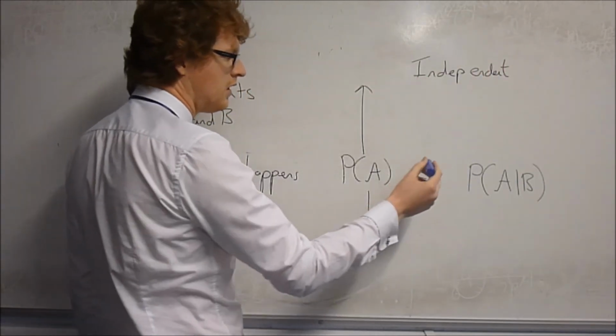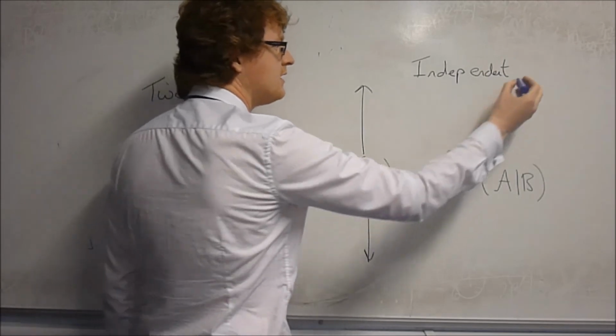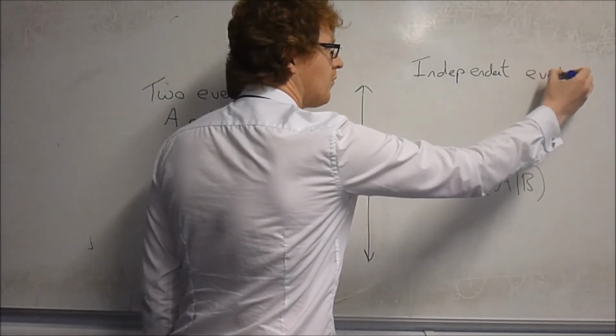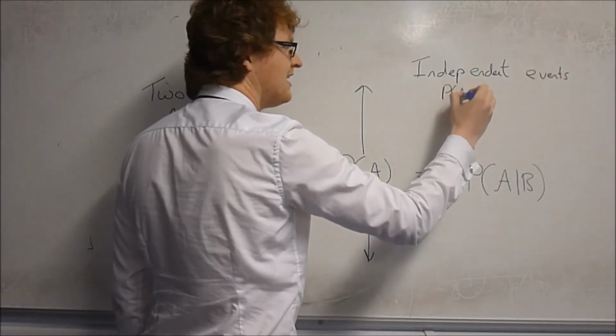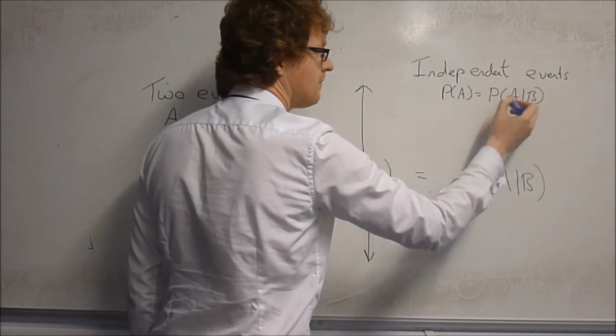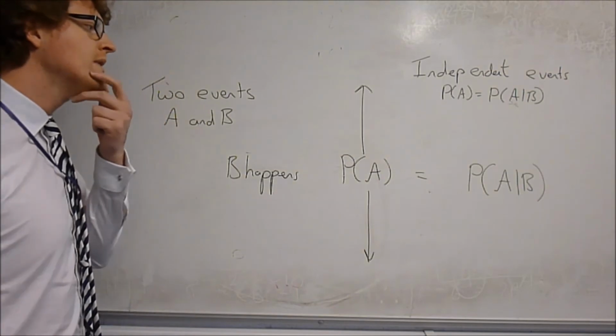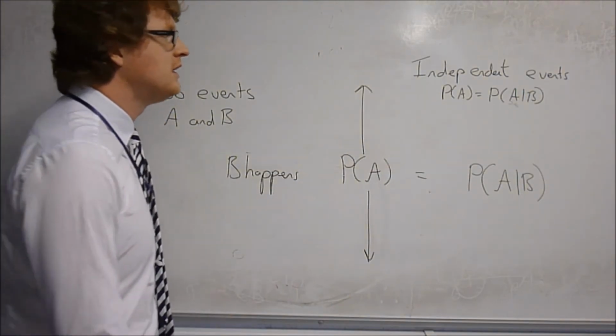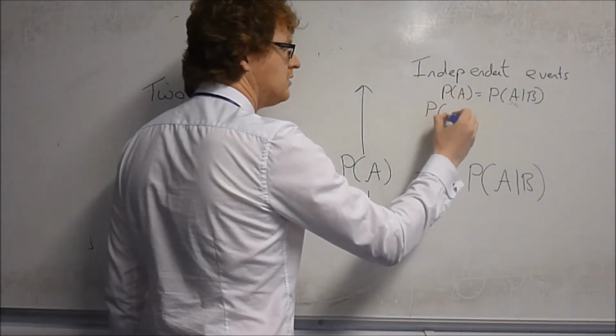So we've got independent events. The probability of A is equal to the probability of A given B. Well, this has a few ramifications. I think we've just seen a multiplication rule.